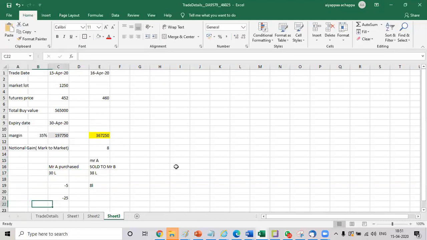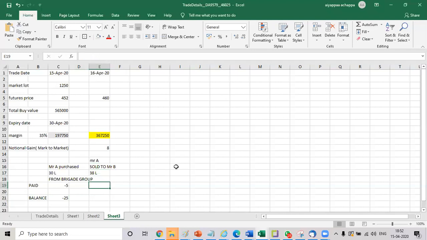So how will the settlement happen here? Mr. B will tell, look, you already paid 5 lakh here. I need to pay the balance 25 lakh. A purchased at 30 lakh from, let's say, Brigade Group. So he purchased this apartment from Brigade Group at what rate? 30 lakh. He has already paid 5 lakh. So the balance 25 lakh needs to be paid. So he sold it to Mr. B at what rate? 38 lakh.